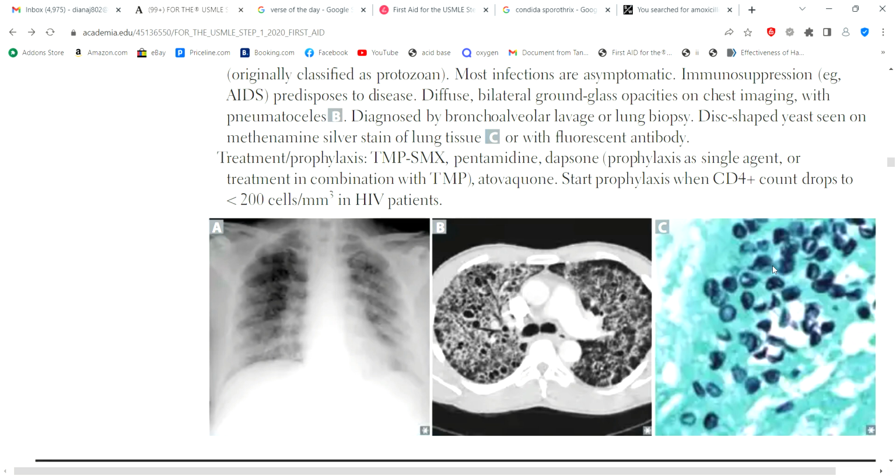So TMP-SMX, and then pentamidine and dapsone, and dapsone paired with TMP-SMX or atovaquone is used for treatment. Now, for just prophylaxis, you give dapsone by itself.